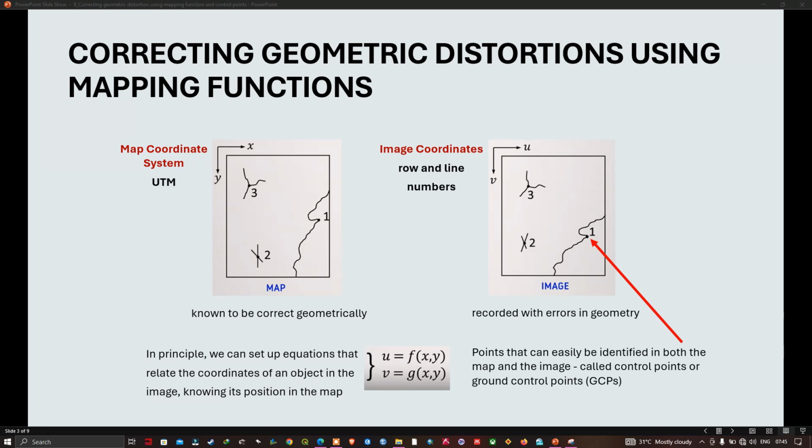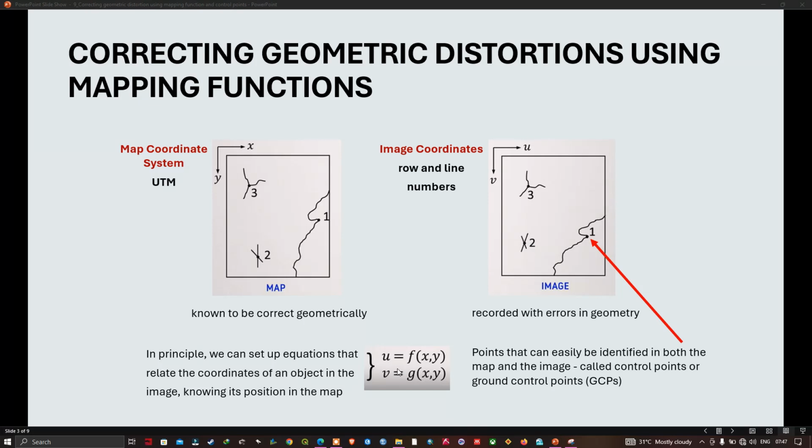In principle, it should be possible to set up equations that relate the coordinates of a point in the image, knowing its position in the map. This is shown here by a pair of functions in which both of the image coordinates, u and v, are a function of both map coordinates, x and y. Those functions will contain unknown coefficients which, when given explicit values, will allow us to go between the map and the image.